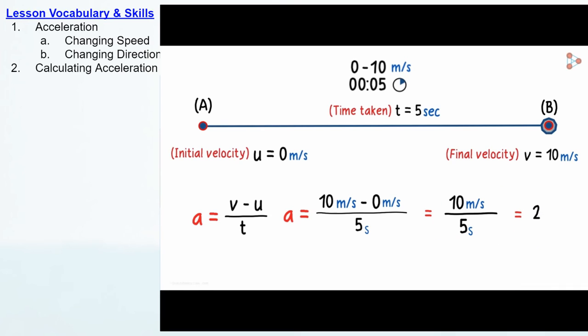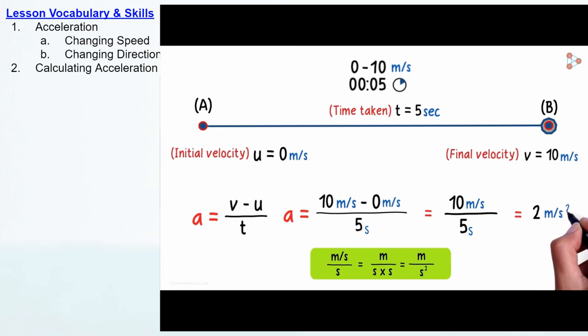Wait, hold on. What will be the units of acceleration? We should get a hint by looking at this. The units of acceleration will be meters per second, because it's the change in velocity over the time taken. As this is meters per second, we can carry this second to the denominator, and what we will get is meters per second squared.